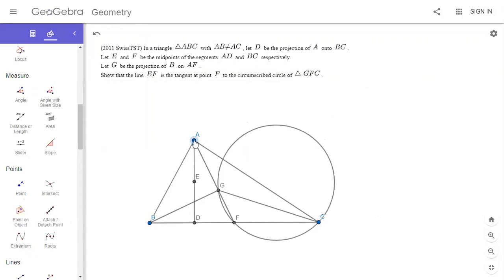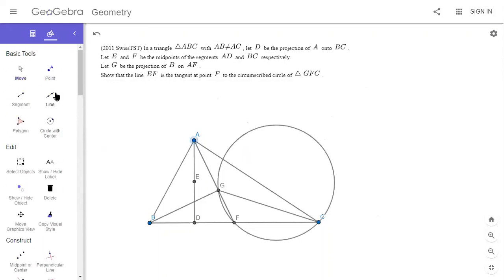It looks like an easy problem, but who knows? Maybe it's harder than it looks. So let's see if that were true. I wonder if we could find a triangle similar to AFD.